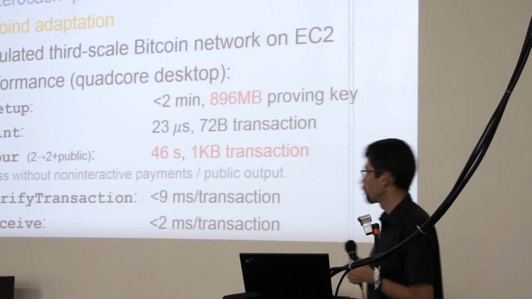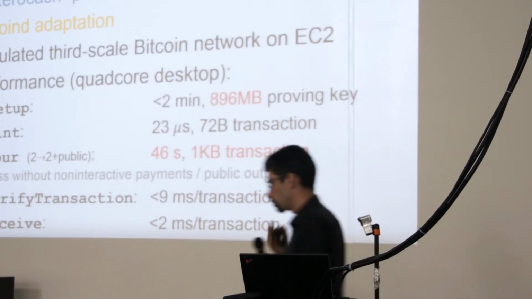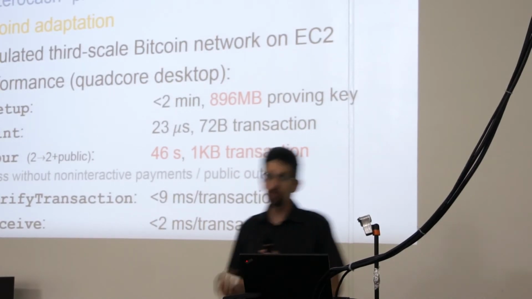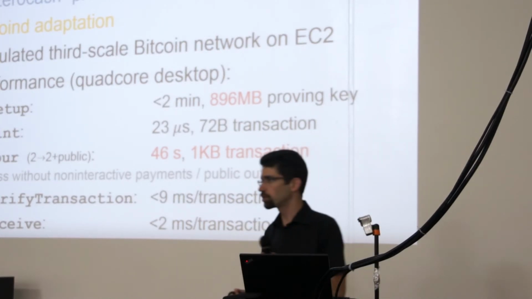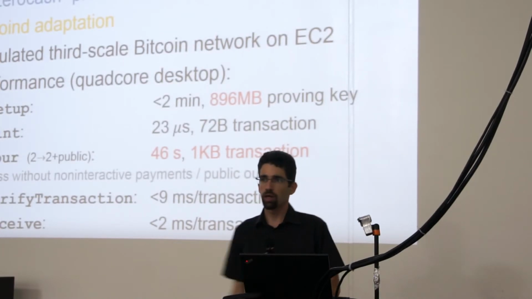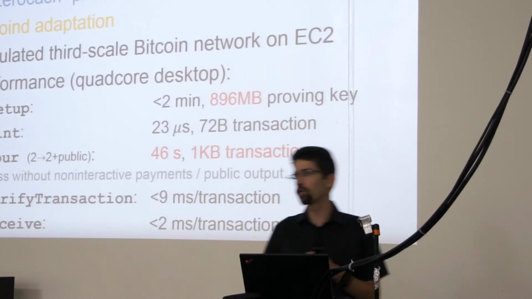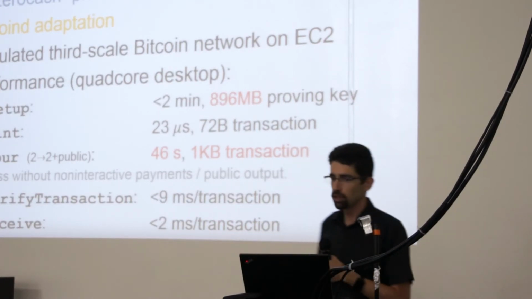So we define this as the primitive, we described the scheme, and then we went ahead and instantiated and implemented it. We made concrete choices for all of the parameters and the underlying cryptographic primitives.